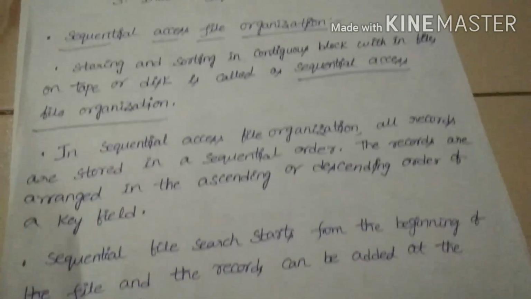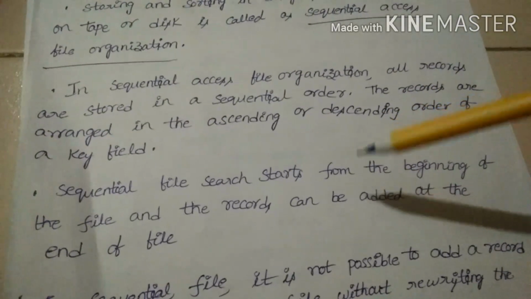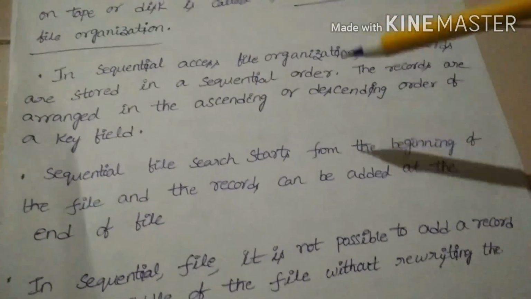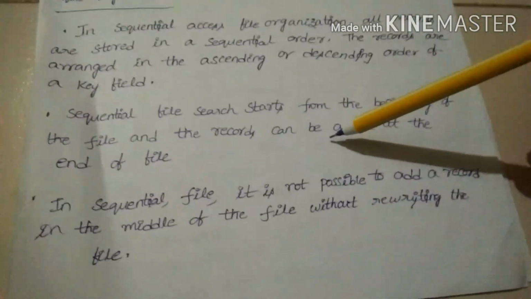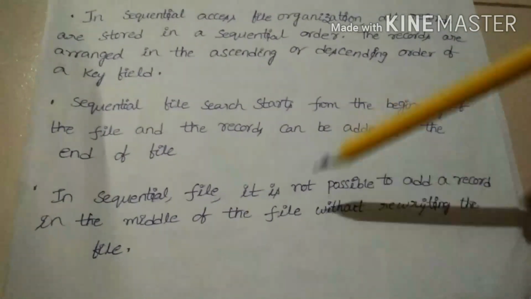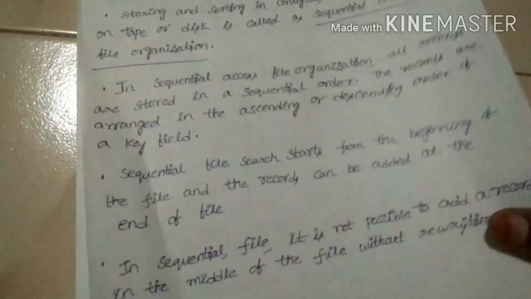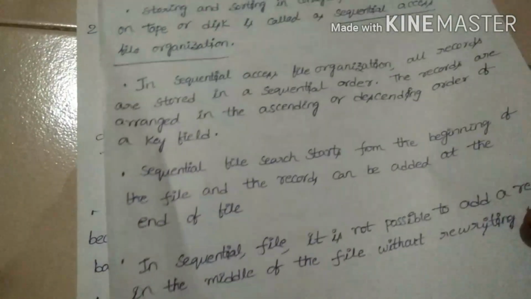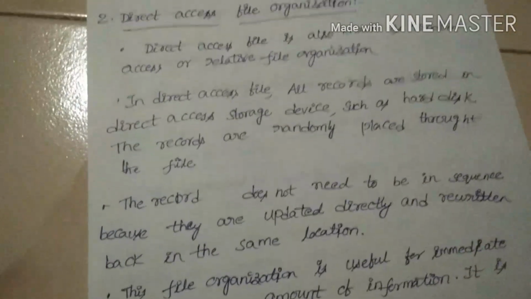Here, in a sequential file, the search starts from the beginning of the file and records can be added to the end of the file. It is not possible to add a record in the middle of the file without rewriting the file. That is the disadvantage in sequential access file organization.